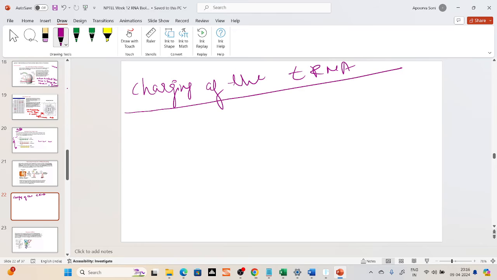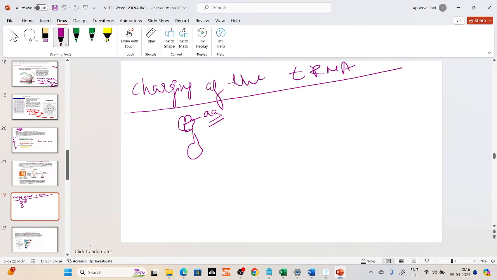See, first thing is charging of the tRNA. What does it mean? Charging means addition of the amino acid that has to be added to the growing chain. So if this is your tRNA, I'm just drawing it, it's not a very good tRNA, at the 3' end your amino acid is added.